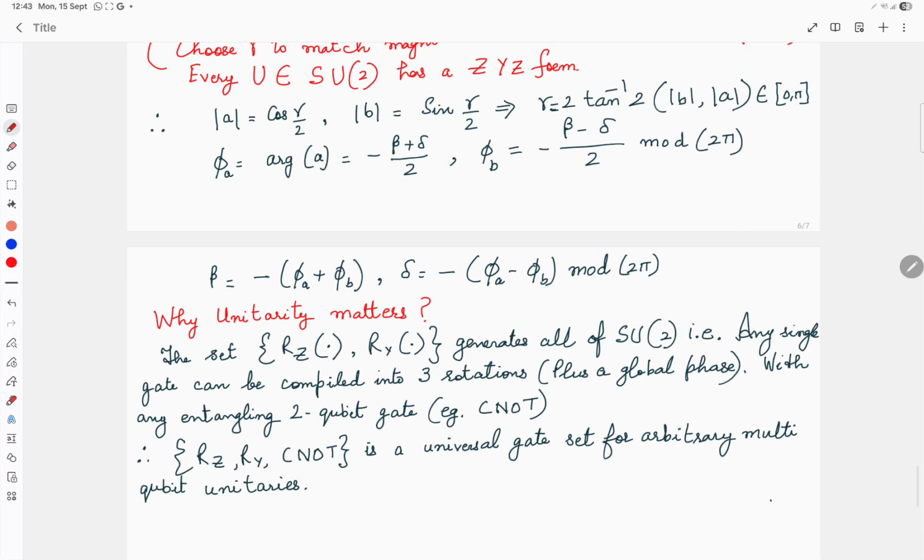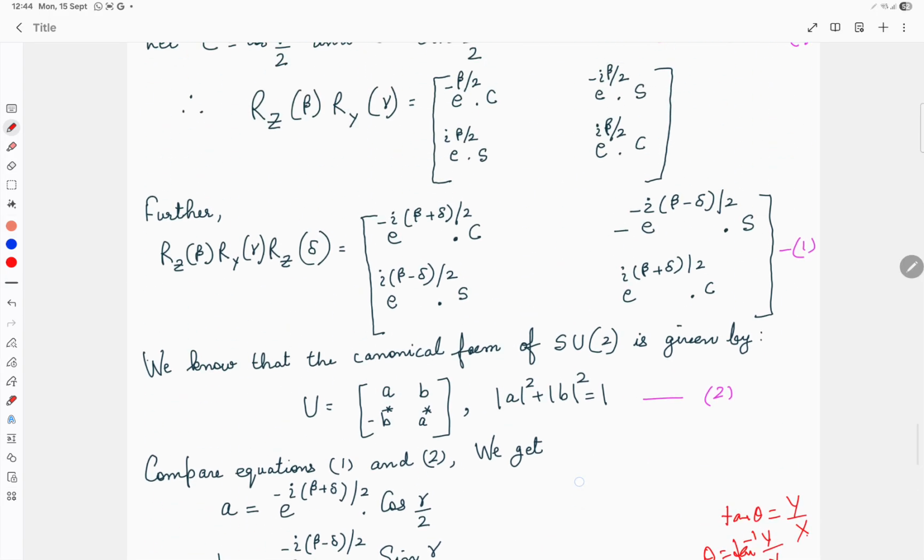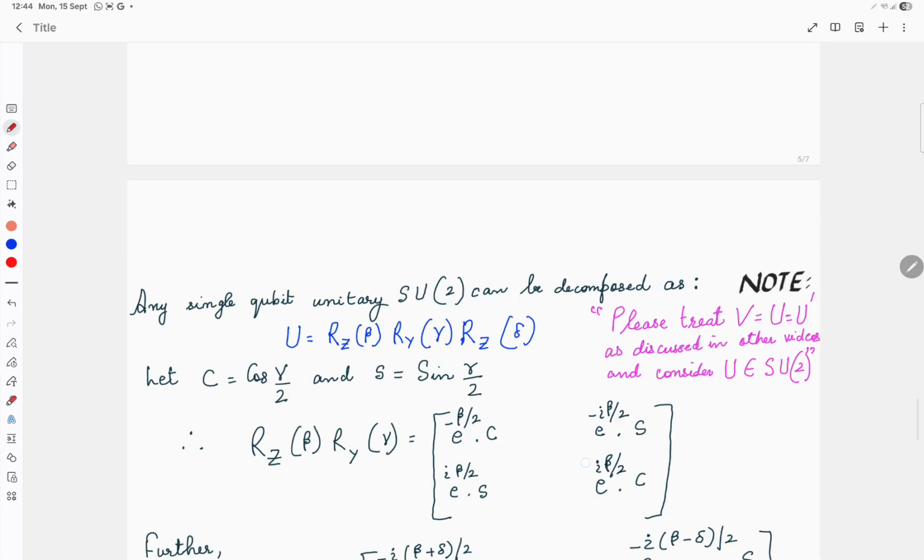Using this methodology we can find the three angles beta, gamma and delta, and that is our job, so that any unitary matrix can be put equal to the decomposition form. The decomposition is in terms of the rotation gates: first the Rz rotation, then the Ry rotation, then the Rz rotation, and we have calculated the three angles.